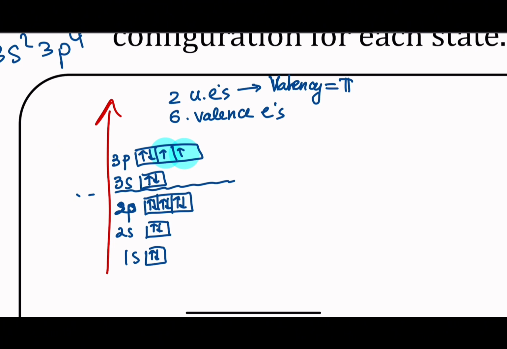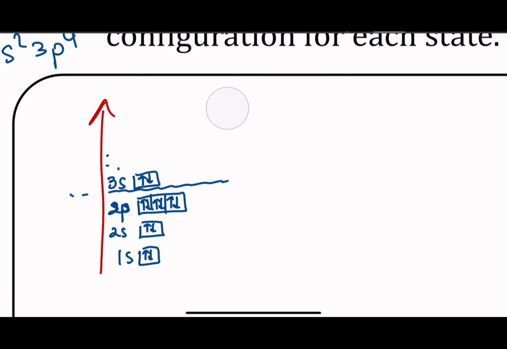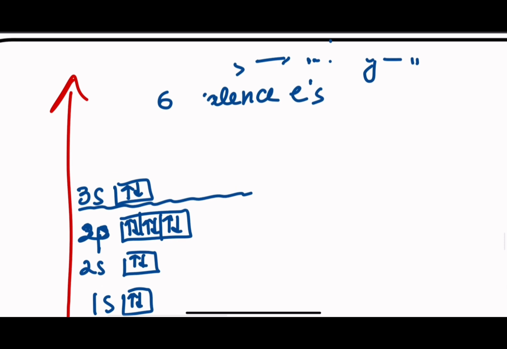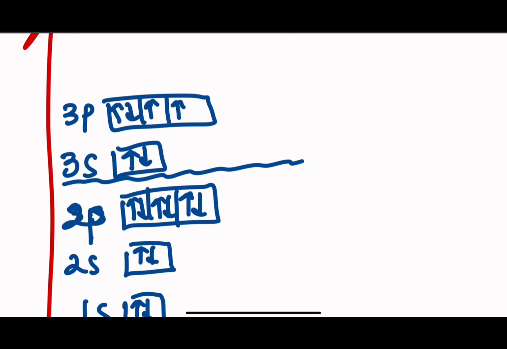So we're gonna write this stuff now. We got 3p again, so 1, 2, 3, and 4, right?